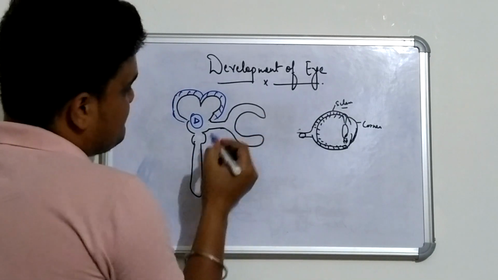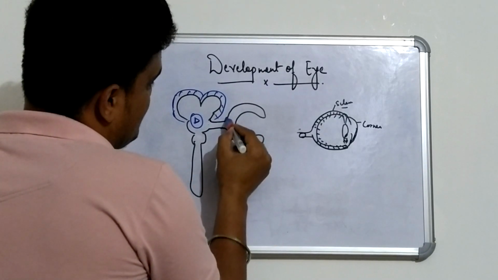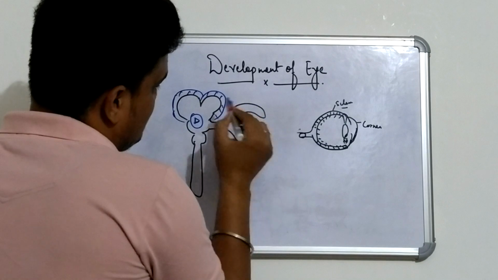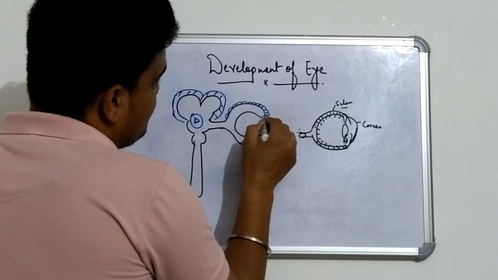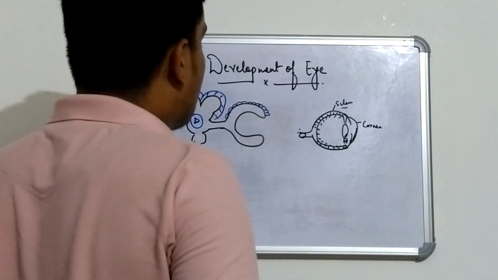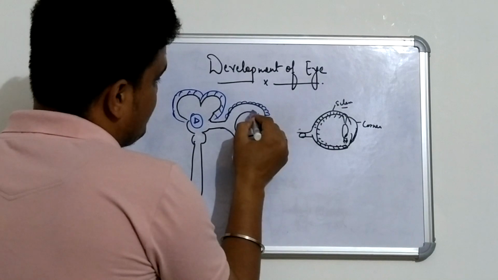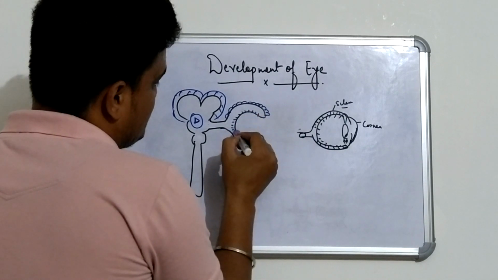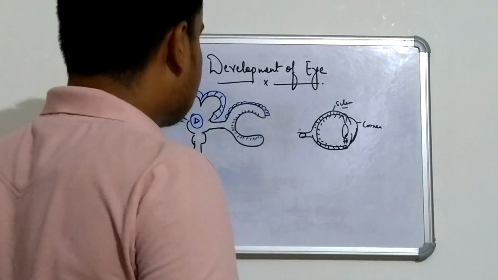And in this optic vesicle, the upper portion will form the pigmented epithelium of a retina, and the inner portion will form the neurosensory layer of retina further.